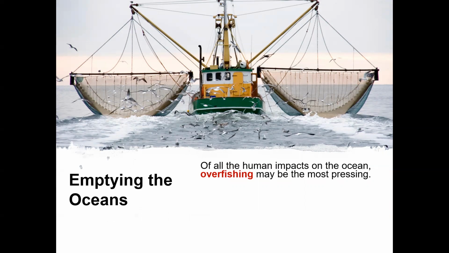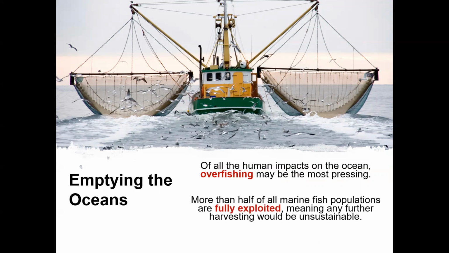So in addition to pollution, we also have a huge issue in marine ecosystems because of overfishing. And of all the human impacts on the ocean, overfishing may be the most pressing at this time. More than half of all marine fish populations that we have in the world are what we call fully exploited.